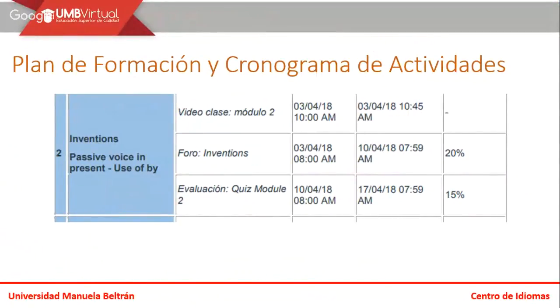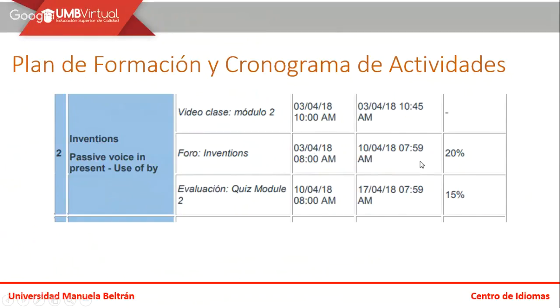I hope that everything goes well, and we're going to start right now. Ok, vamos a mirar ahora el plan de formación y el cronograma de actividades para que ustedes lo tengan muy en cuenta. Recuerden las fechas de entrega que están estipuladas allí. So remember that, for example, for the four inventions we have from April the 3rd until April the 10th.